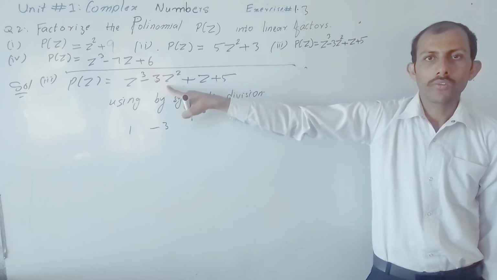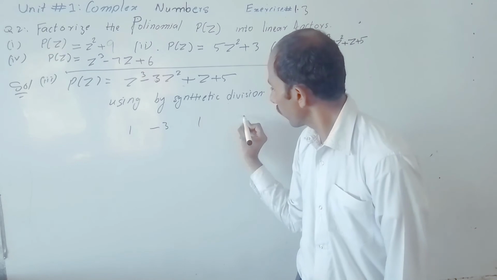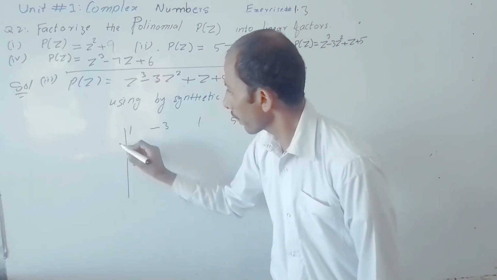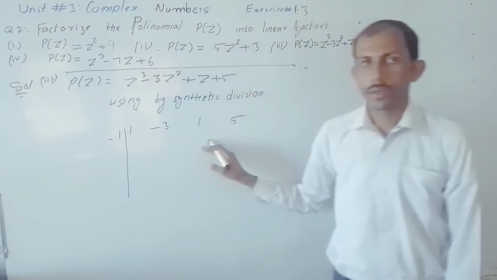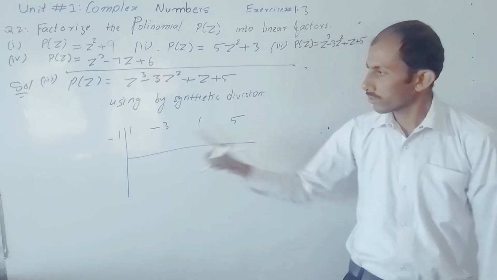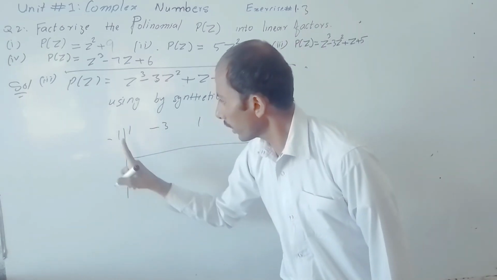So coefficient of z square is minus 3, coefficient of z is 1, and constant is 5. So next multiply minus 1 first. So first 1 as it is, 1 into minus 1.